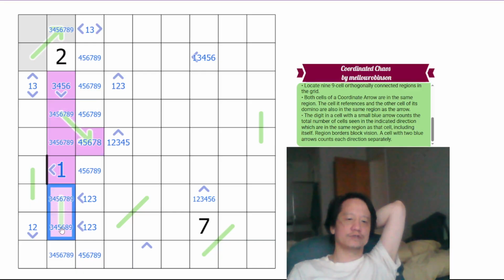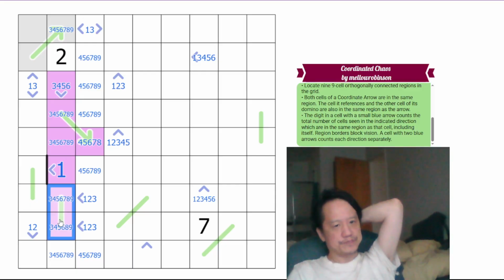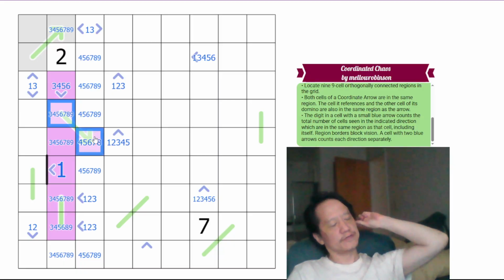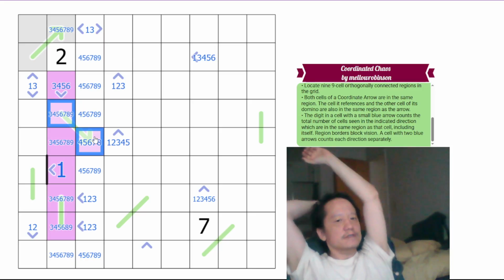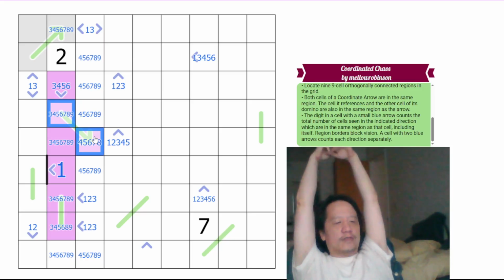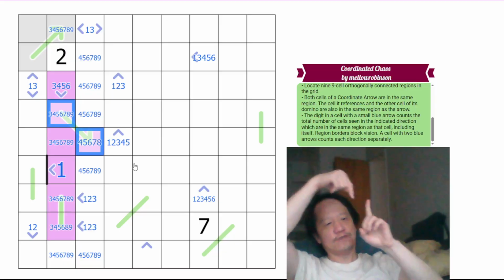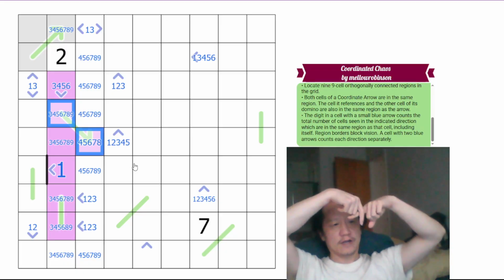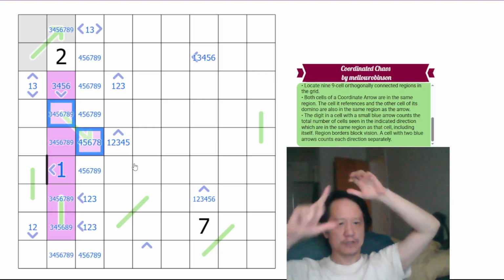So they're pointing to 2 completely different coordinate sets. You need a 2. But you're pointing to 2 completely different coordinate sets. And those coordinate sets cannot be consecutive with each other. They can't form, essentially, a domino together, right?